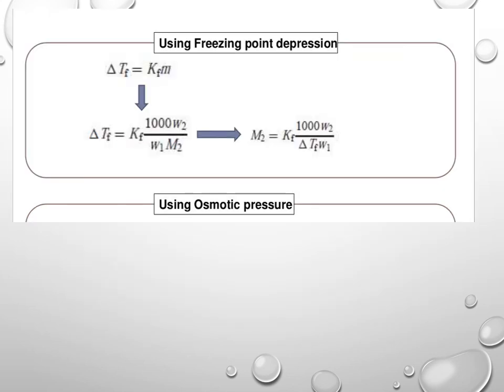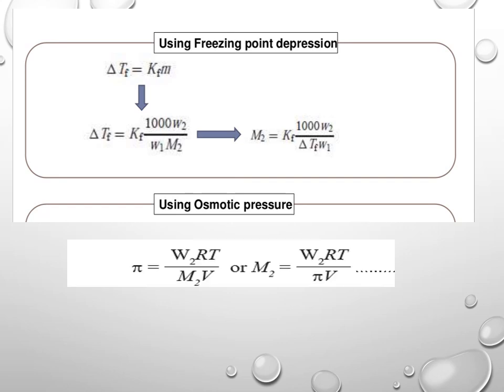Or it can be calculated using freezing point depression, where M2 is equal to Kf into 1000 into W2 upon delta Tf into W1. Or through osmotic pressure, what you saw just now, that is M2 is equal to W2RT upon pi V.